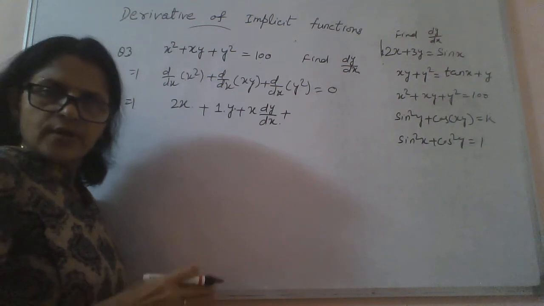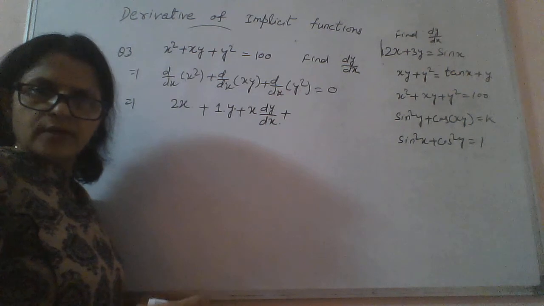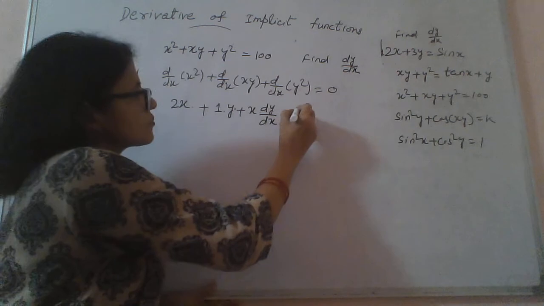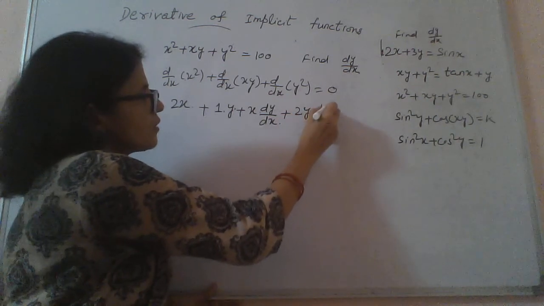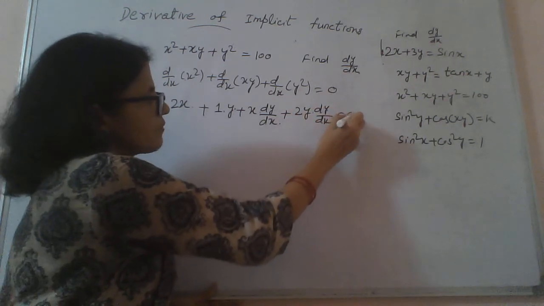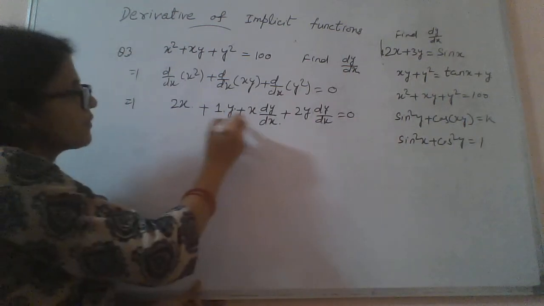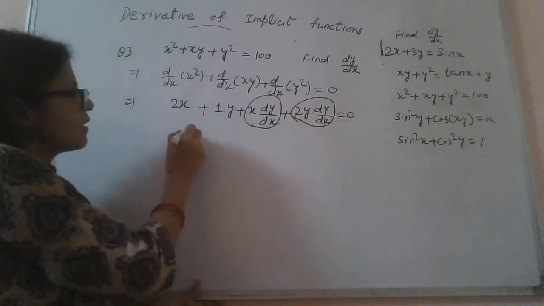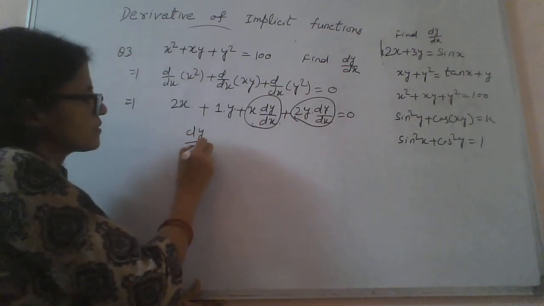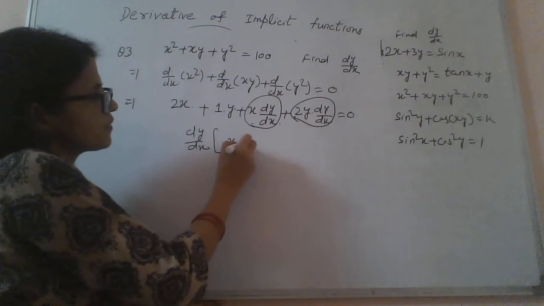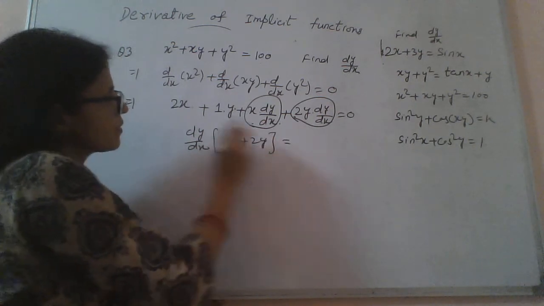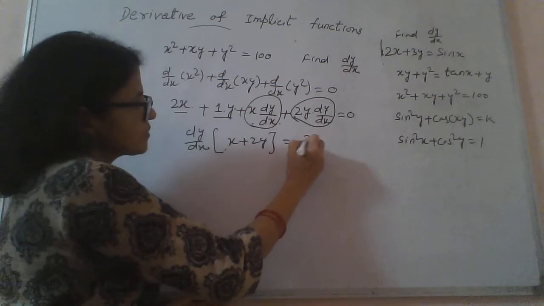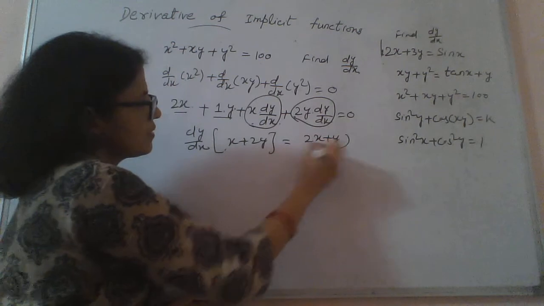So derivative of y square with respect to y into derivative of y with respect to x. So it is 2y into dy by dx. Now here you have dy by dx, here you have dy by dx. And dy by dx into x plus 2y equal to, here it is 2x plus y, means minus of 2x plus y.